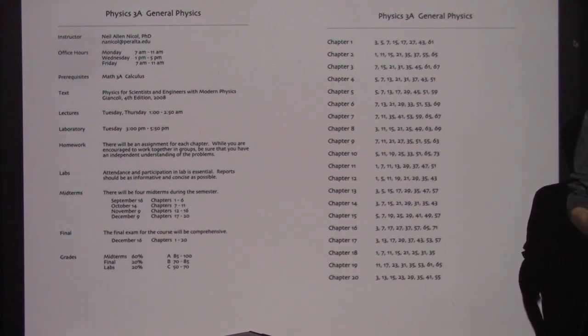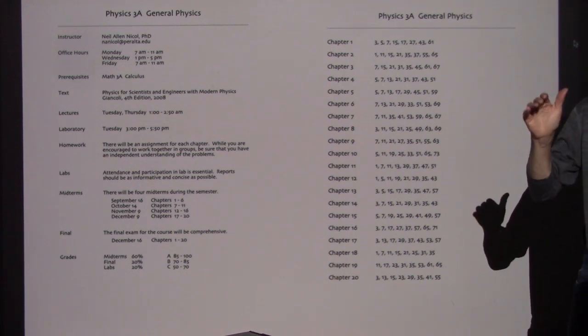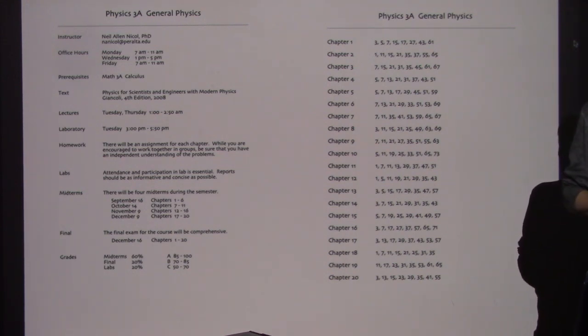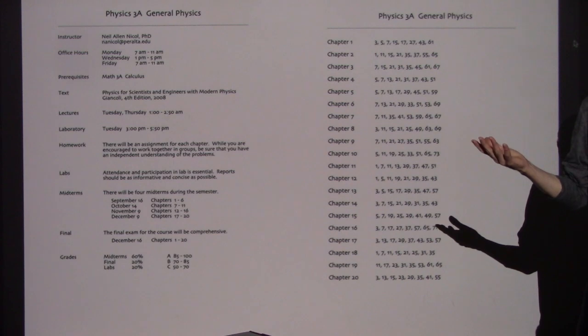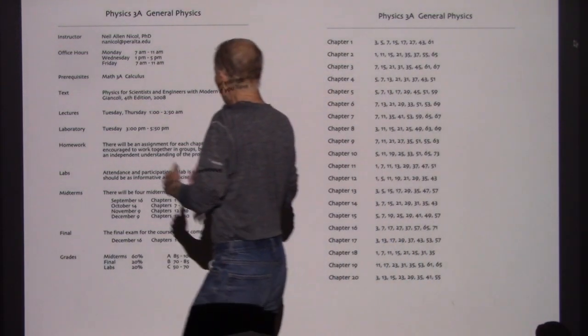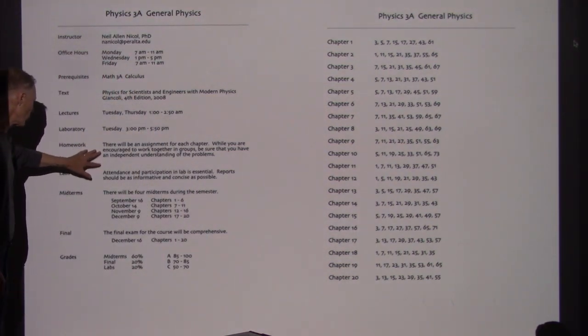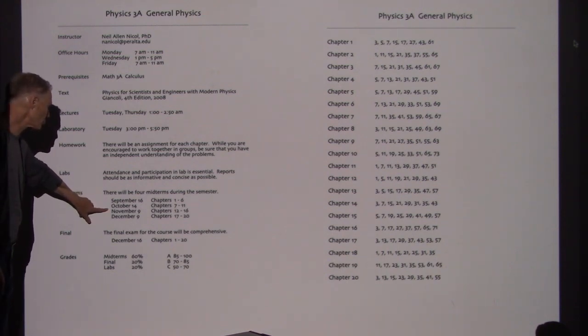Those are going to be really important for focusing in on what things you really need to understand, and how you're going to get full credit for the lab reports. Okay, so adjust as needed. So the homework, the lab reports. Now the midterms we already have scheduled.